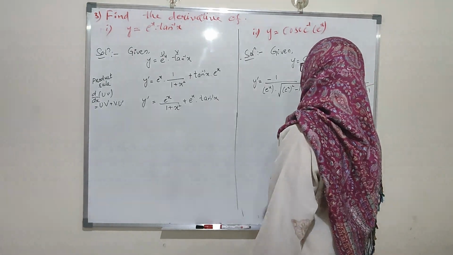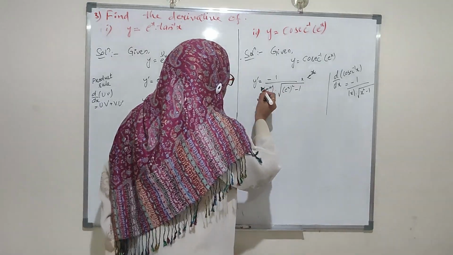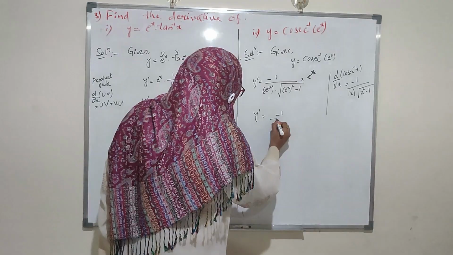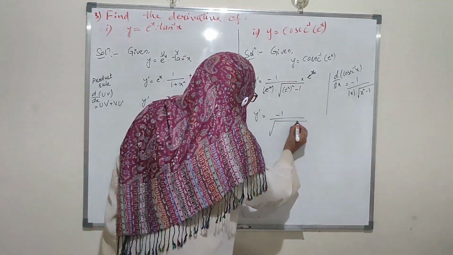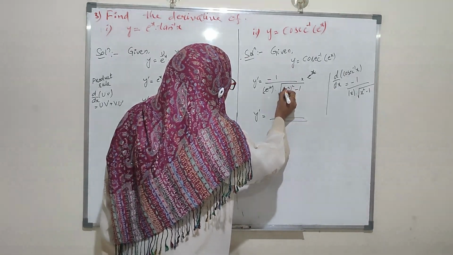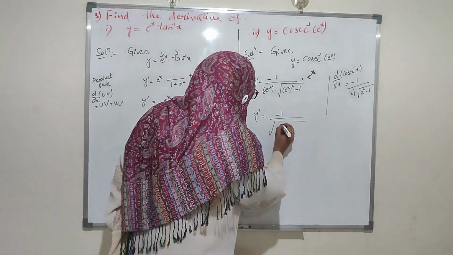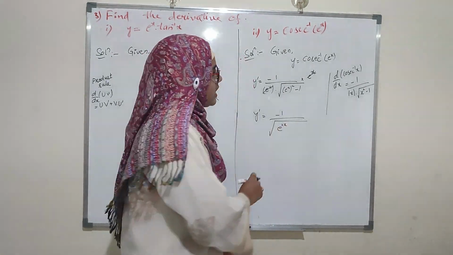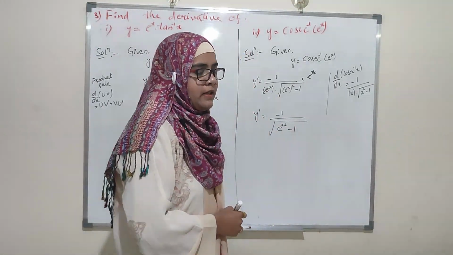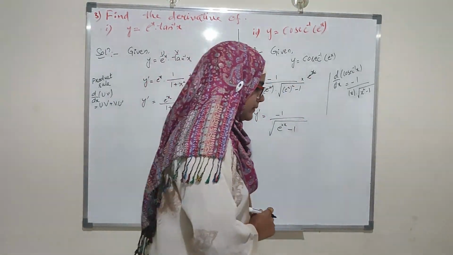Now these e raised to x get cancelled. What is remaining? y dash is equal to minus of 1 by root of e raised to 2x minus 1, which is the differentiation of cosec inverse of e raised to x.